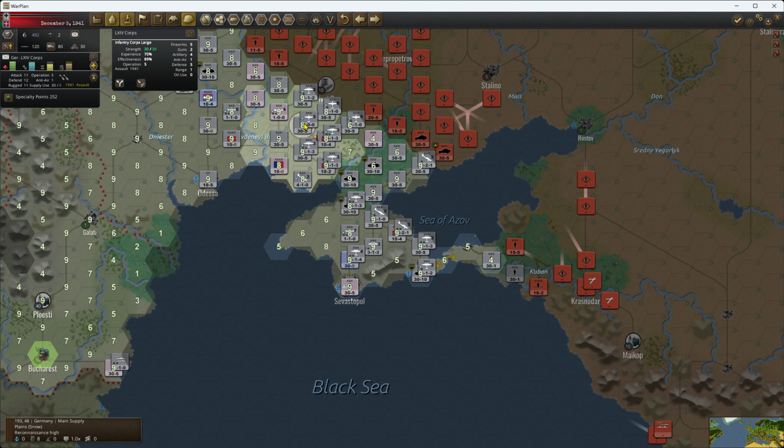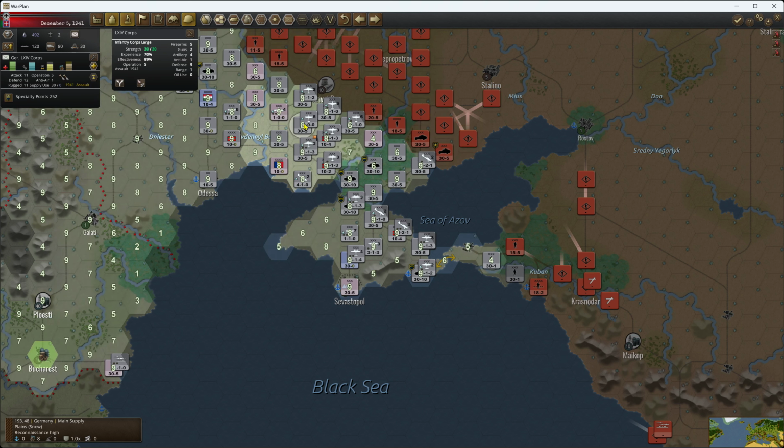And with the hopes that somewhere I'll cross this river line. And then establish another defensive line along this river, which I guess is the Mius, and then continue across here to Stalingrad.